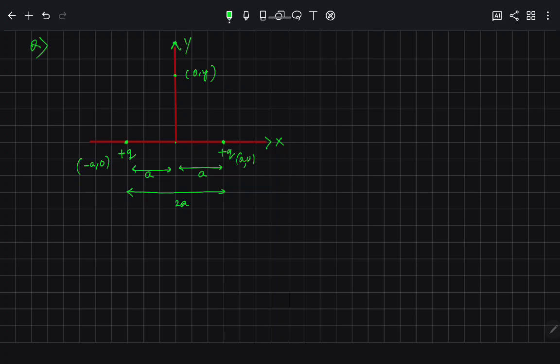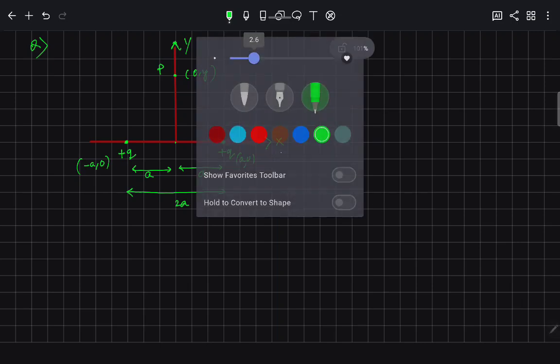Now I am asking you to find the electric field at this point P due to these two charges, right? So you know that from a positive point charge, the electric field will be radially outward. Okay.